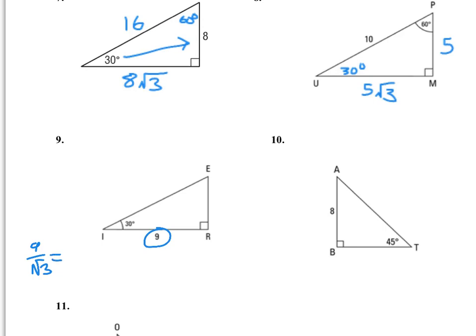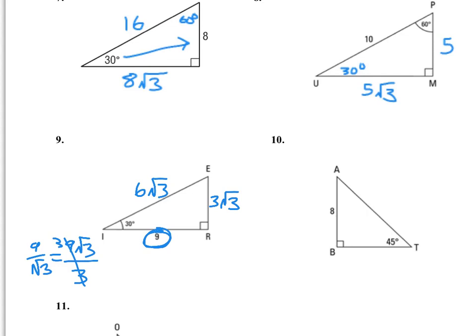So rationalizing, if I multiply the top and the bottom by rad 3, then I could reduce it. So this is 3 radical 3. So the short leg is 3 radical 3. If you multiply that by radical 3, you get the long leg, which is 9. Now if you double the short leg, you get the hypotenuse.